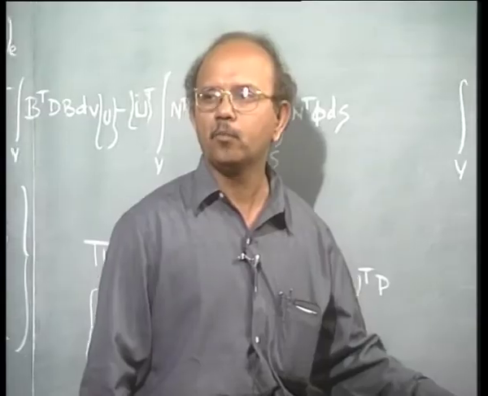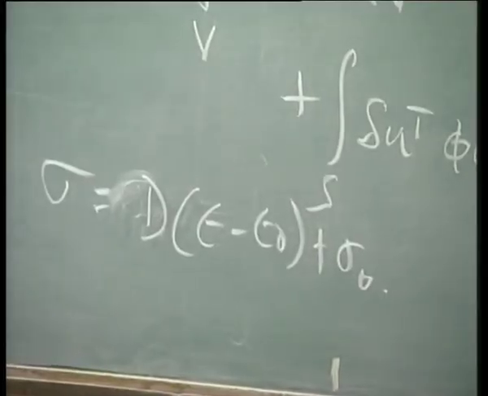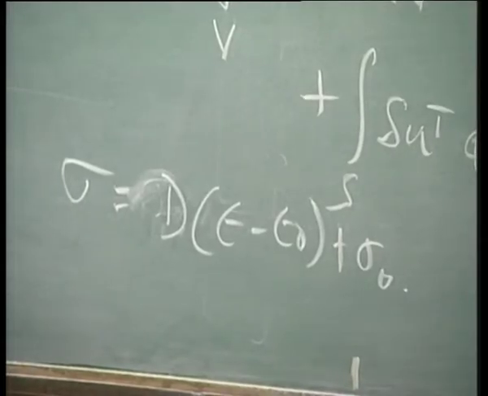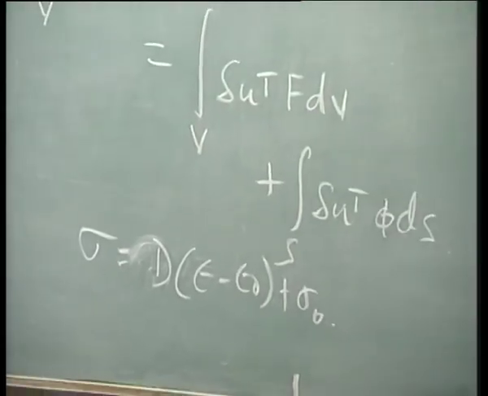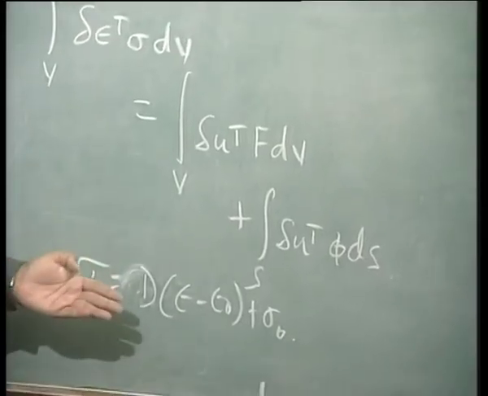That is how books usually write it. There is an initial stress which is added, and the initial strain which is subtracted from the current strain. Any physical situation you have to interpret in these terms. Please note all of them are tensors, or rather corresponding units are there.